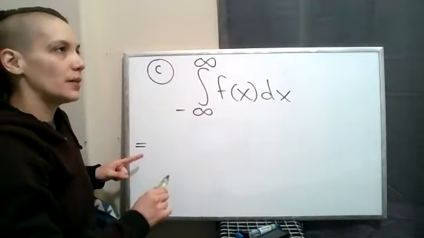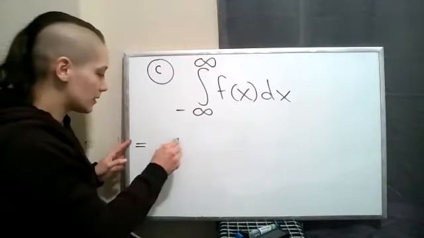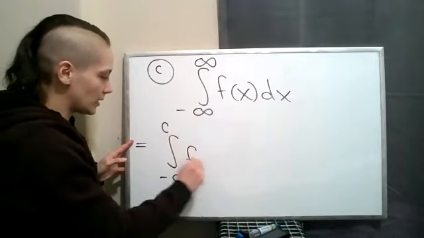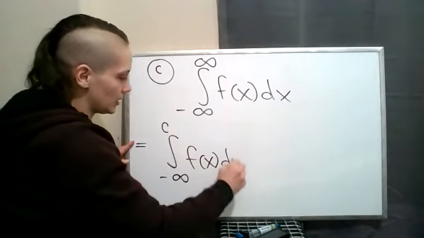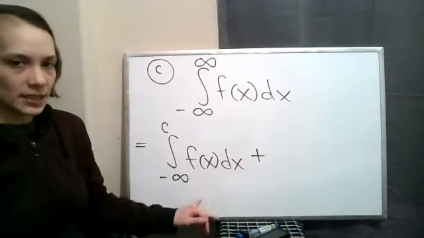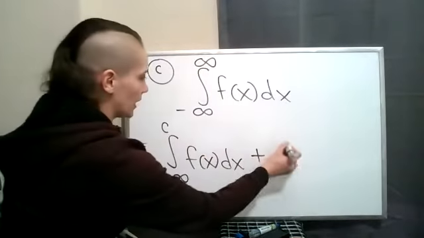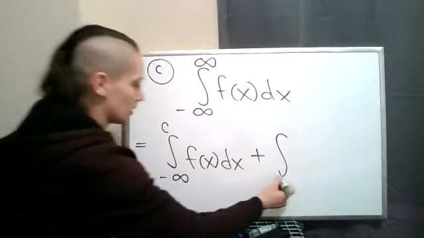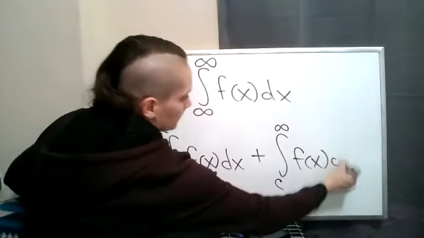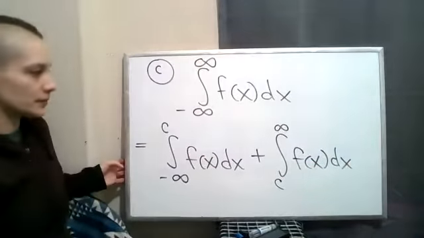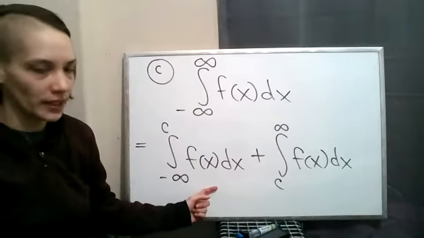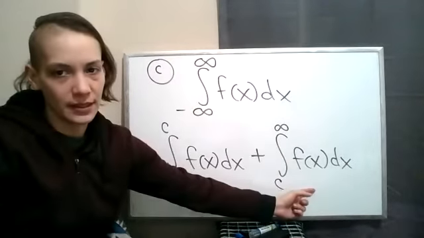So the integral from negative infinity to c of f of x dx, add the integral from c to infinity of f of x dx. So for this one, use part A from type 1, and for this one use part B.